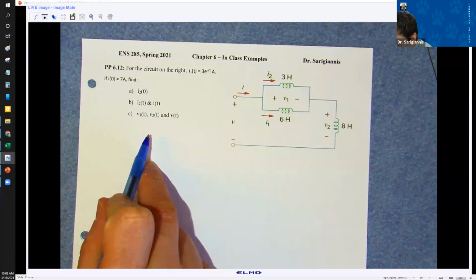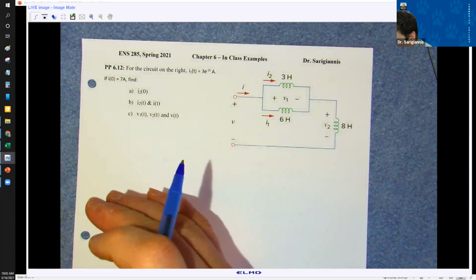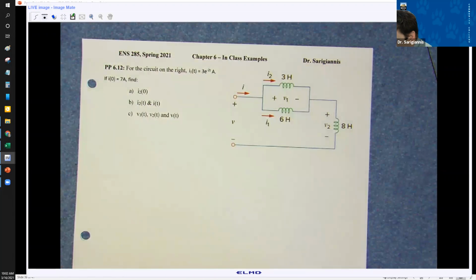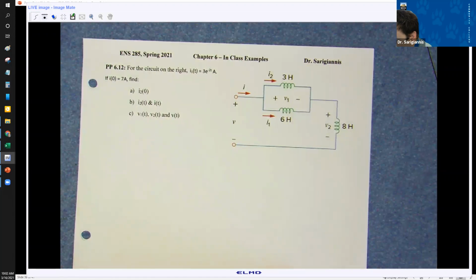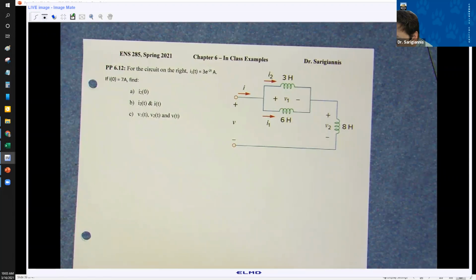The first thing I want to do is look at time equals 0. When you're looking at time equals 0, you're again looking at an instantaneous shot of this system. What we're told is I naught is 7 amps.